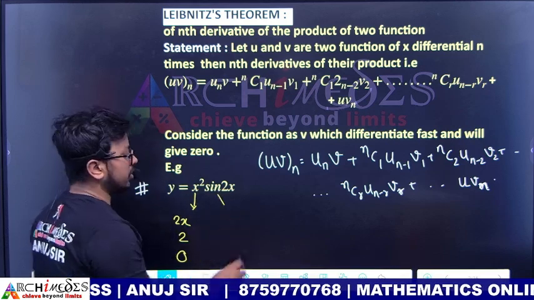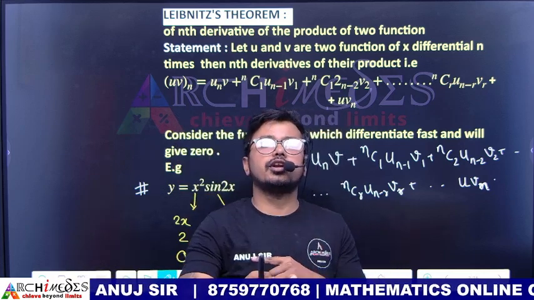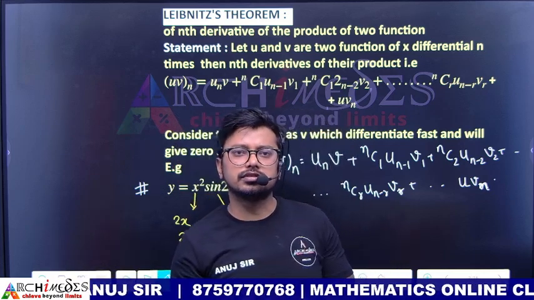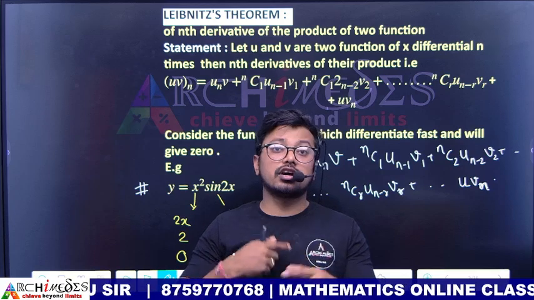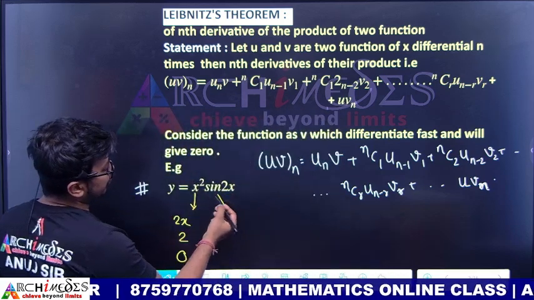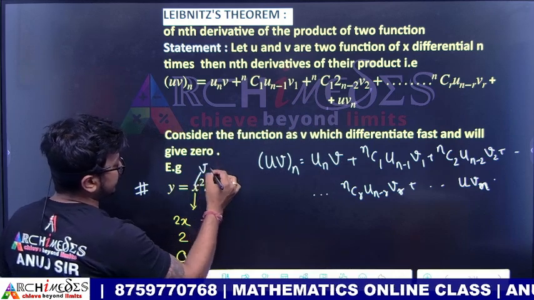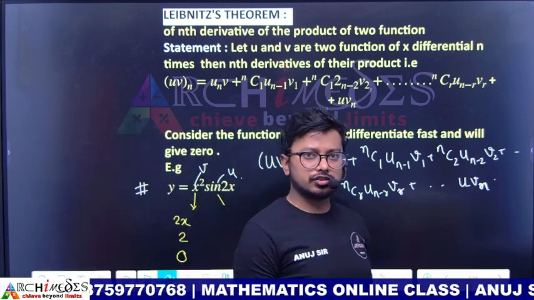But sin x will continue: differentiate one more time and it gives cos x, and again another value. It goes on and on. That's why you have to assume x square as v and sin x as u. Am I clear now? Clear? So this is very important.